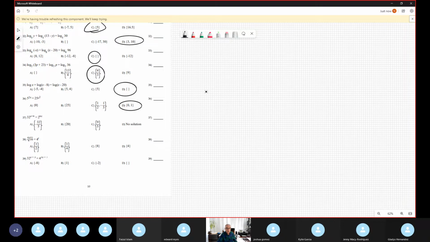Okay. Number 37 is 32 raised to the x plus 4 equal to 2 raised to the 6x. Okay. It's also the same idea. But 32 is 2 to the 5th power.